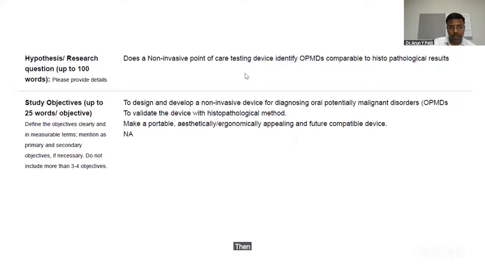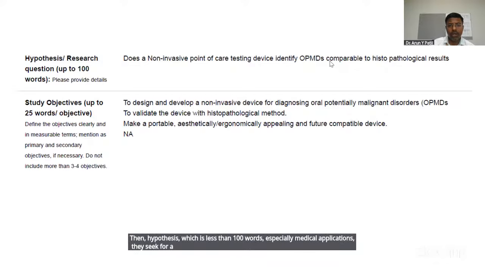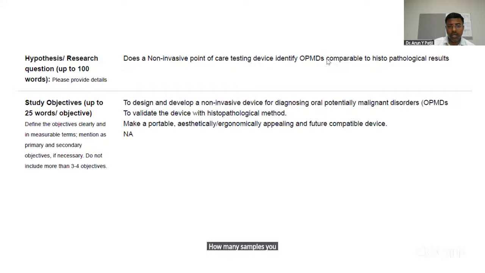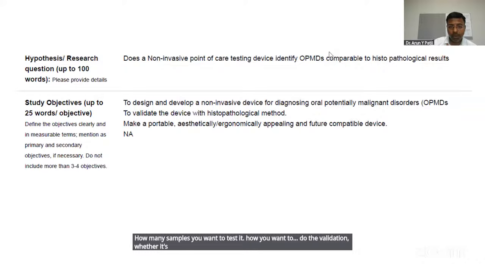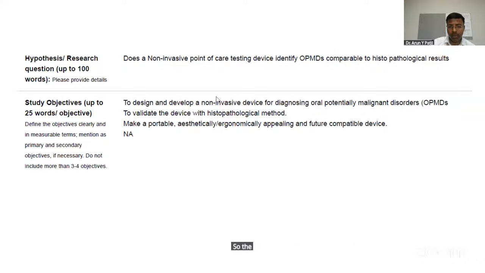Then hypothesis, which is less than 100 words. Especially for medical applications, they seek a statistical sampling. How many samples you want to test, how you want to do the validation, whether it's in vivo, in vitro, all those they will be expecting. So the objectives, you can see here, we have quoted 3 objectives.